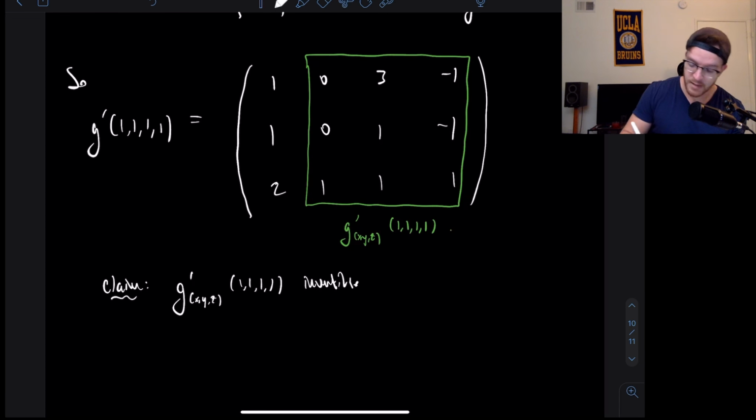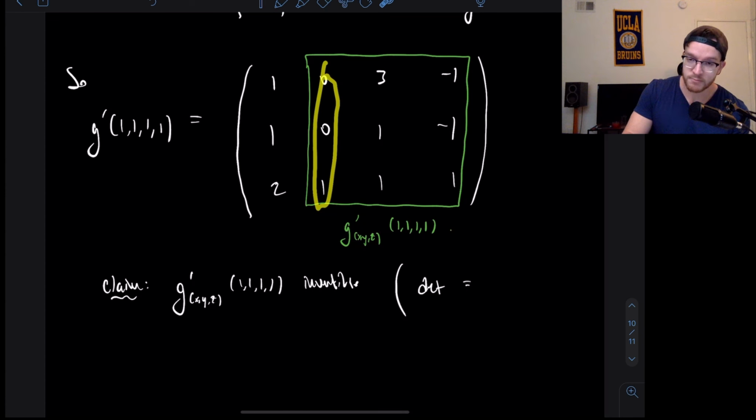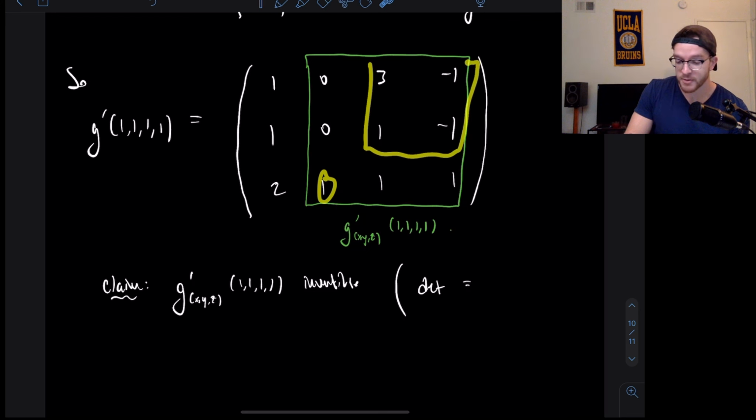For example, if you know how to compute determinants, the determinant of the green thing, we could do a cofactor expansion along the first column. 0, 0 plus 1 times the determinant of this is going to be -3 plus 1, which is -2.